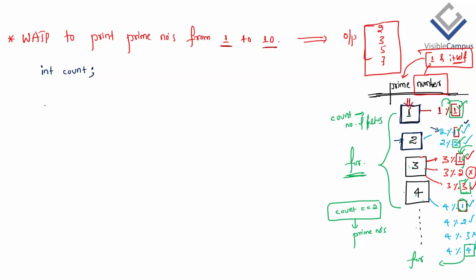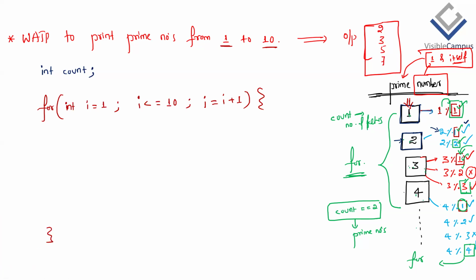Then tell me how to write the loop for that. For int i equals 1, i should be less than or equals 10, then i equals i plus 1. Correct or not? So this is the outer for loop. So in the outer for loop, we are getting one i value.